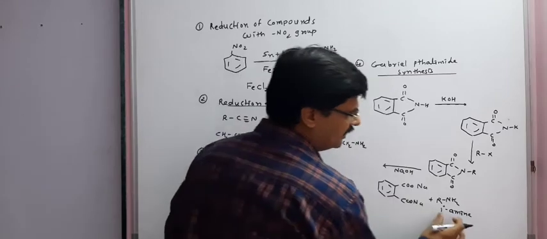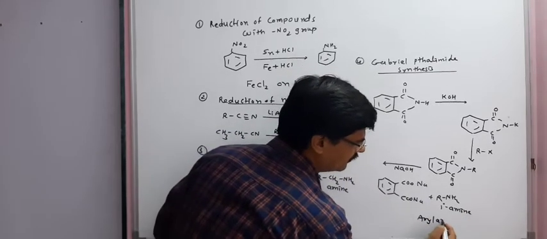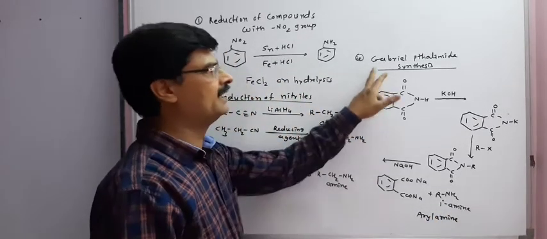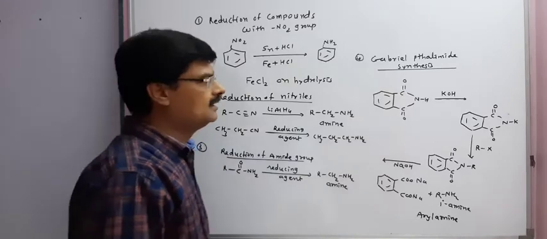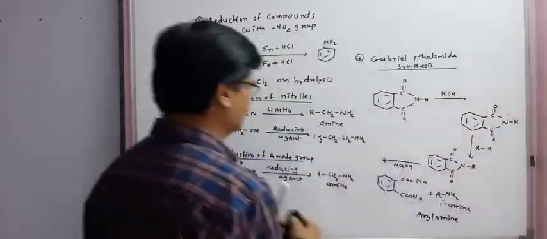But this method is unable to produce aryl amines. Aryl amines cannot be produced by Gabriel phthalimide synthesis. Now we will discuss one more method, that is the Hofmann bromamide method.